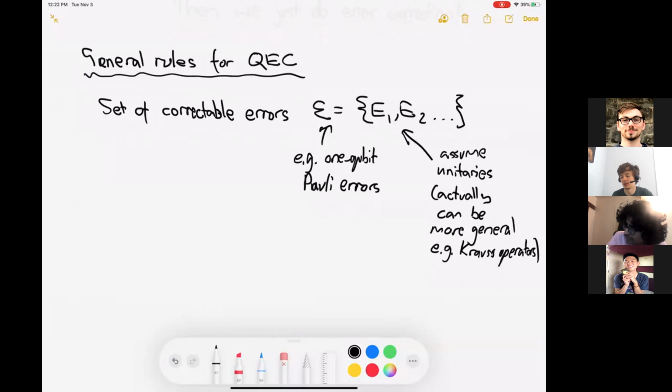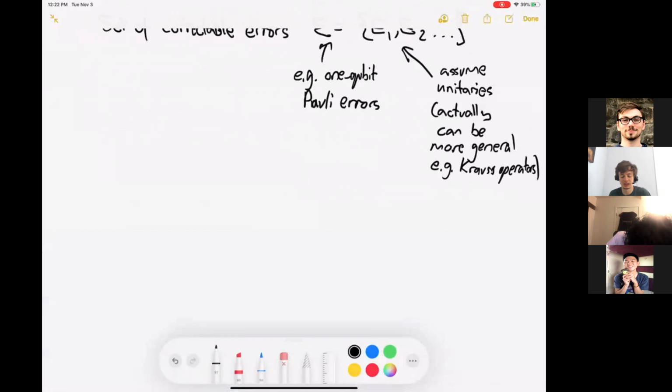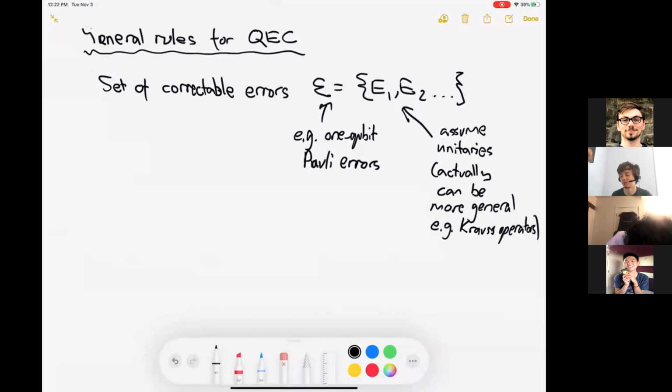So this is just some arbitrary set of things we want to be able to correct. And of course, as we just saw, it's going to end up letting us correct superpositions of those things as well. If our error is really a sum over different E's in this set, then by doing a measurement, we'll be able to project into one of the things in the set.